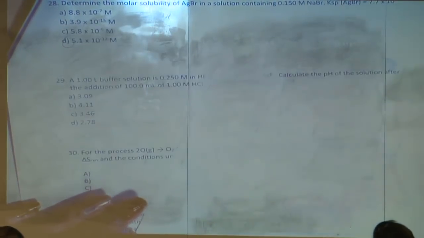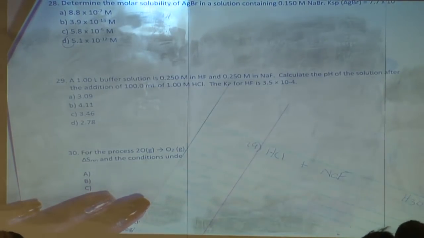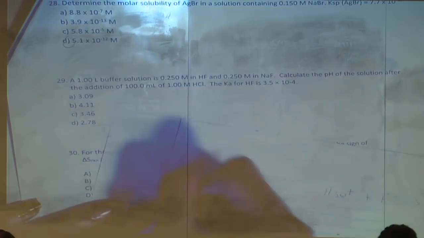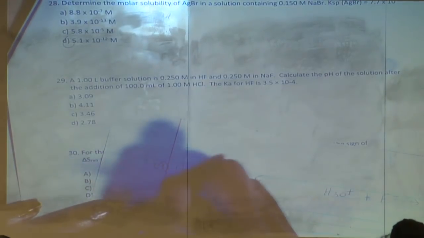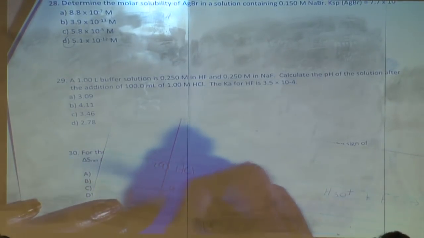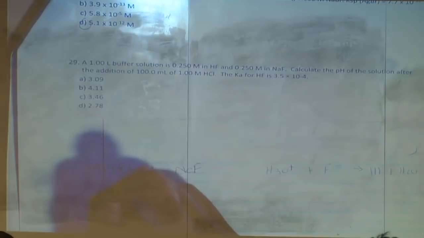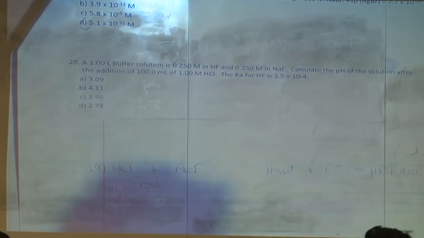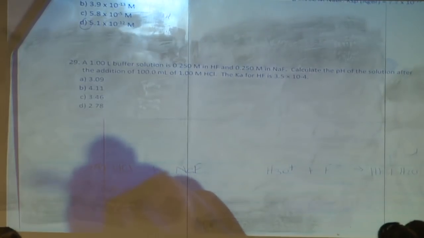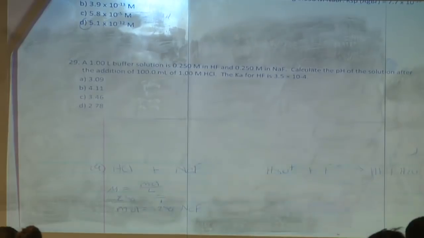Okay. After we've done that, we're going to find the moles for both of these. So molarity equals moles over liters. This is a 1 liter solution, and the concentration of NaF is 0.25. That means the moles is also 0.25. Now we're going to find the moles for HCl.